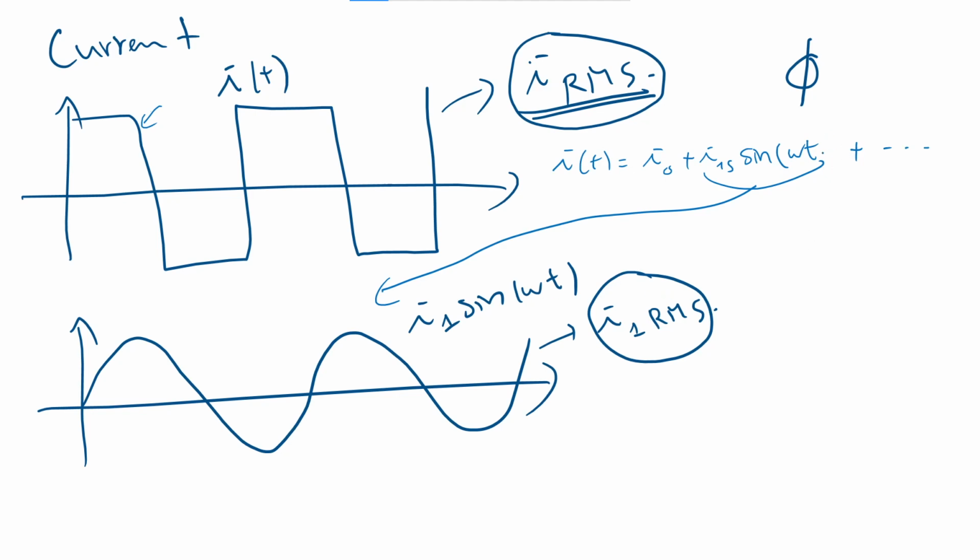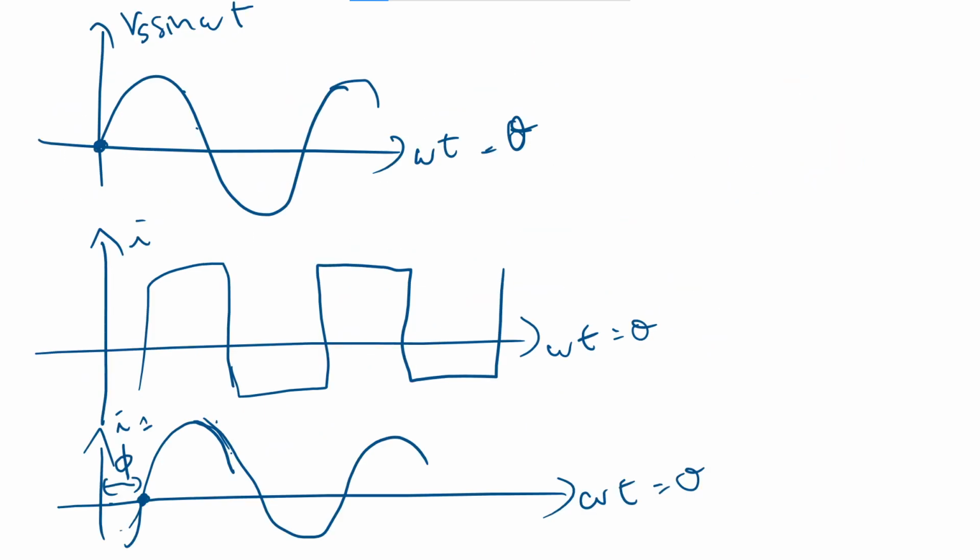If you have phi 1 like this, then it would be like this. Or here, illustrated here.